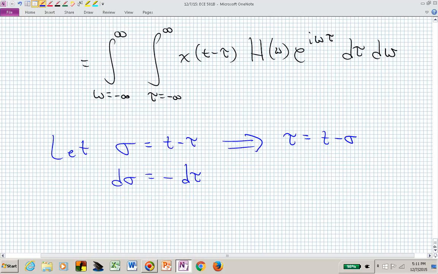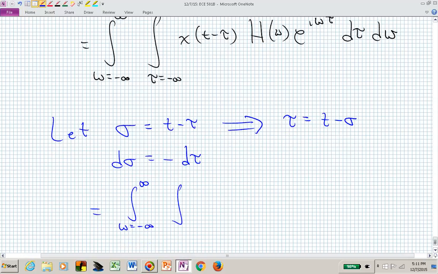Let's now use that to try to clean up this double integral. We're still integrating from omega equal minus infinity to infinity. Now, though, we're replacing tau with sigma, so that now when tau is minus infinity, what is sigma? That's infinity, so that the upper limit is now minus infinity.